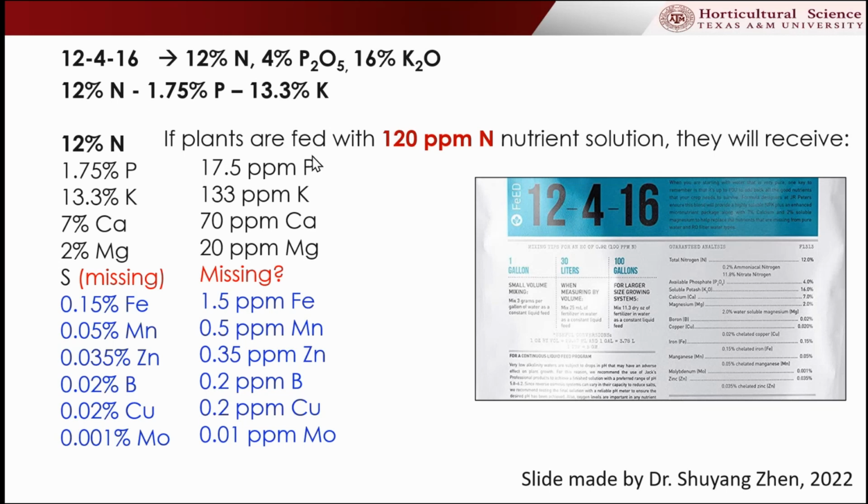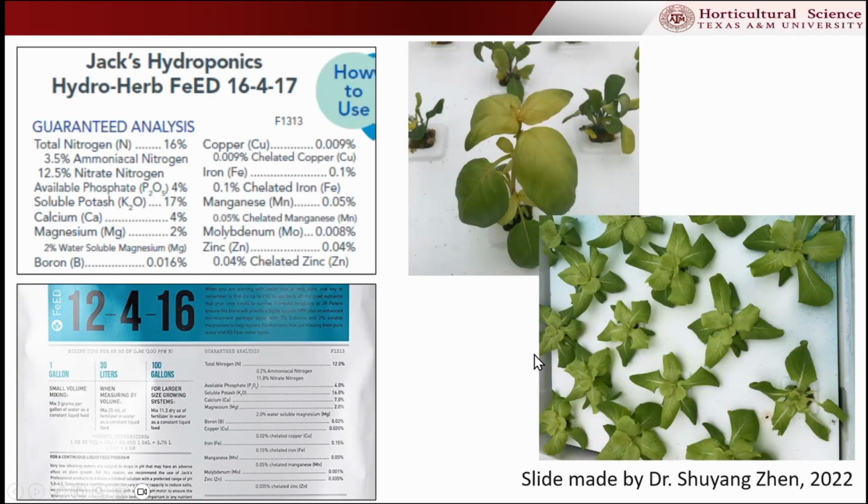So we learned that it seems sulfur is missing in this fertilizer, but they still continued this study as recommended for this fertilizer, and they got results like this. Although they used a 120 ppm nitrogen rate in this study, the plants didn't grow very well. Look at the basil, the leaves are turning yellow, and the lettuce didn't grow very well either.